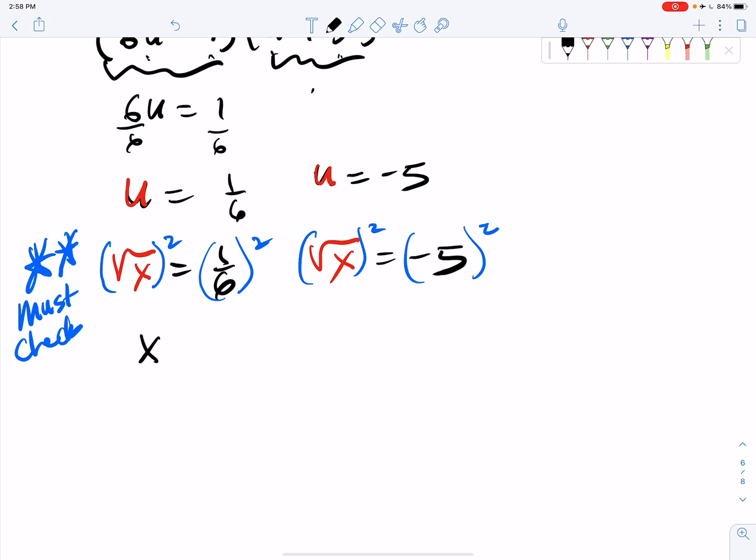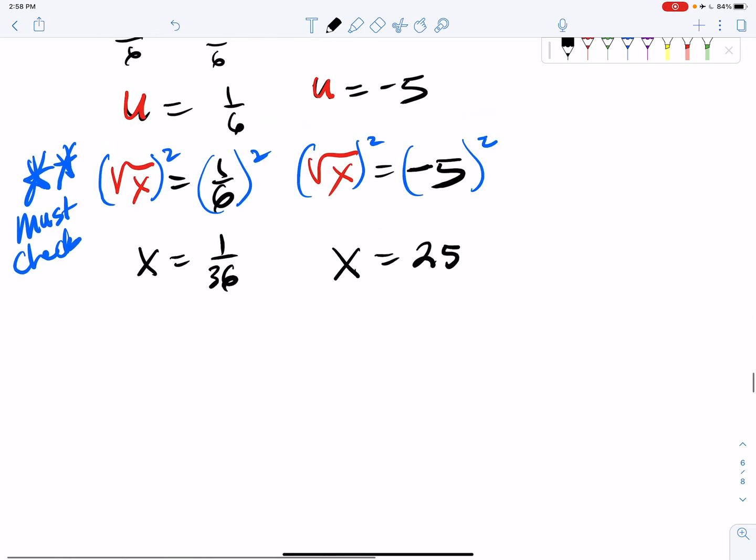So we end up getting x equals 1/6 times 1/6, which is 1/36, and x equals -5 times -5 is +25. And you might remember from the past, negative like that, that's going to make it extraneous. A simple problem like that, you kind of see it coming. Some problems you can't see it. But anyways, we'll go ahead and just do our checks here.